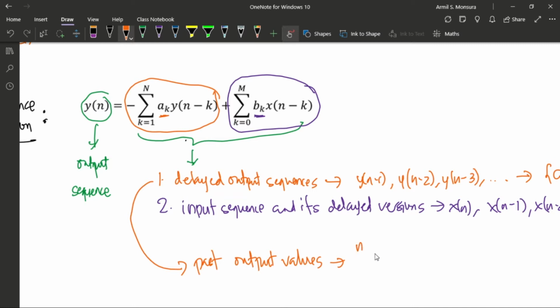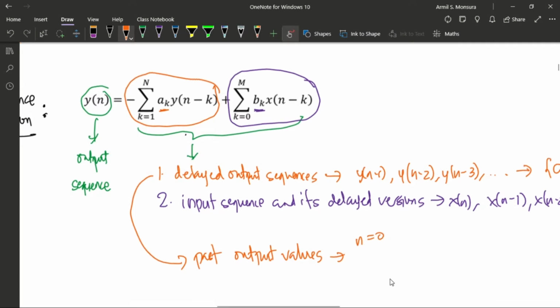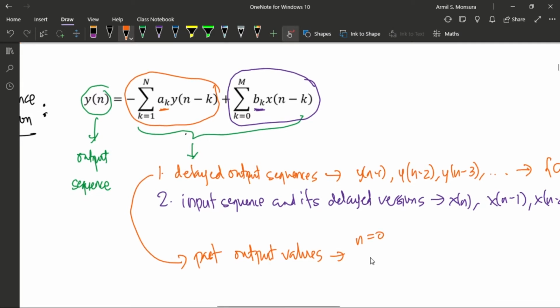Say for example, if you're trying to solve this equation for n equals 0, then yung left side niyo becomes y of 0, which is the present output. Tapos yung mga nasa right side niyo becomes y of negative 1, y of negative 2, y of negative 3, and so on. Again, depende pa rin sa coefficients nila.